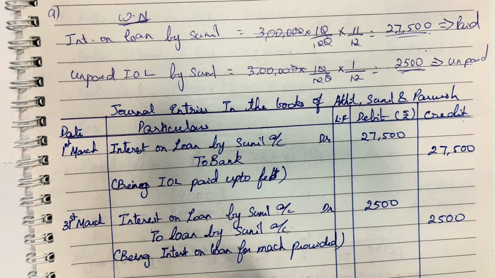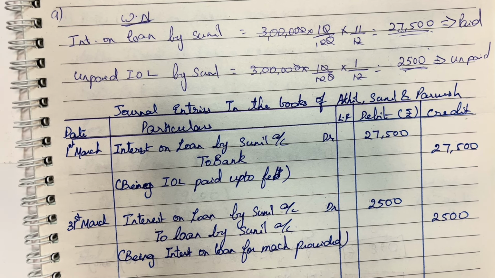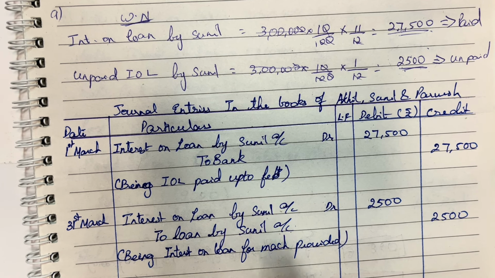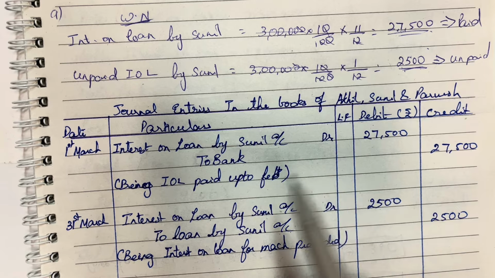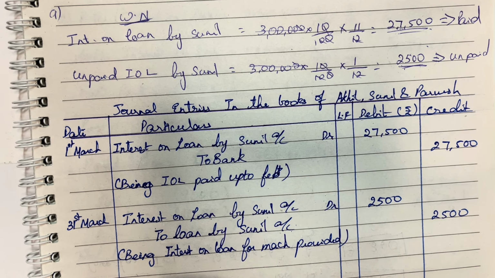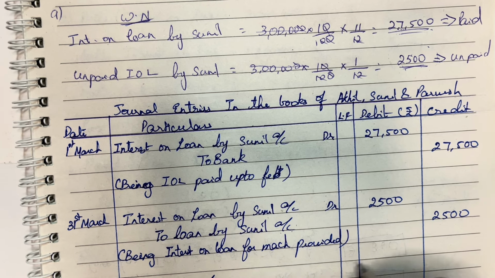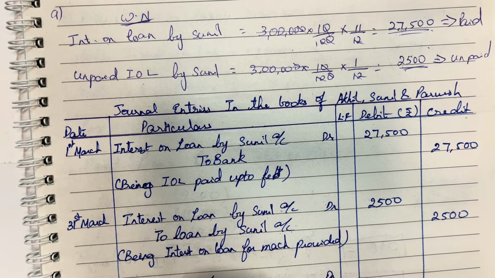Now again, we've got to close the books on 31st March. So where will this interest on loan amount go? It will go to the profit and loss account. Profit and loss account, debit.